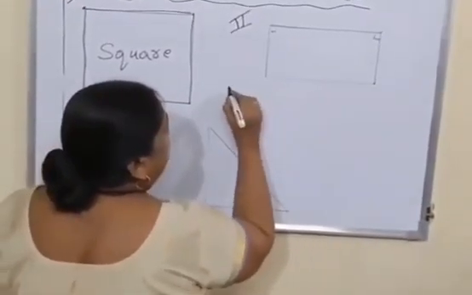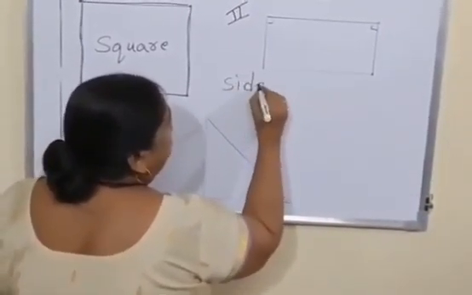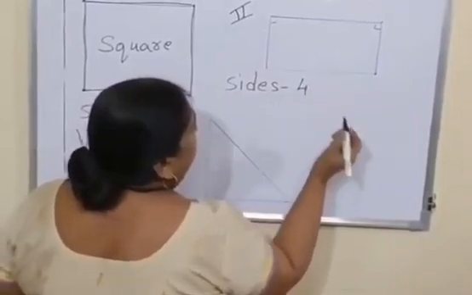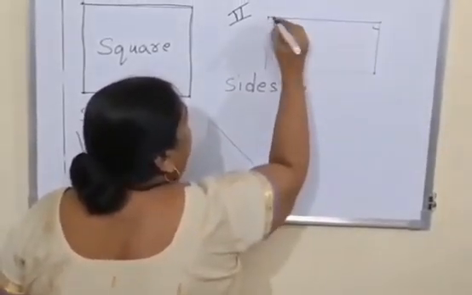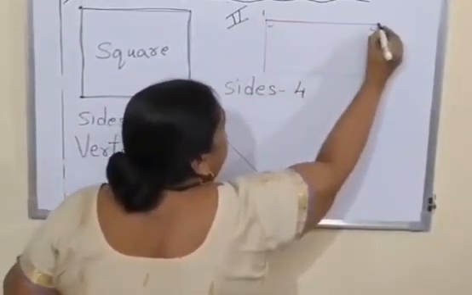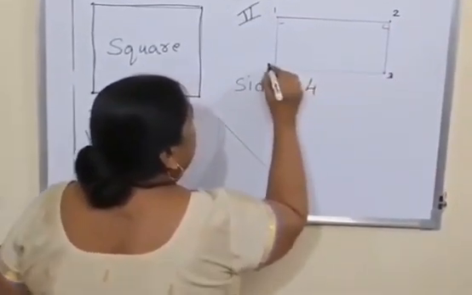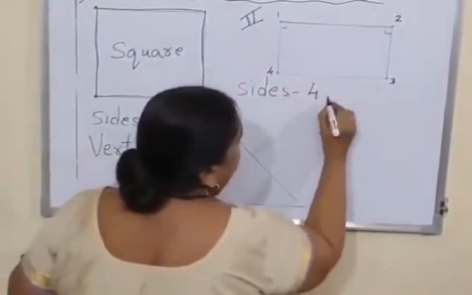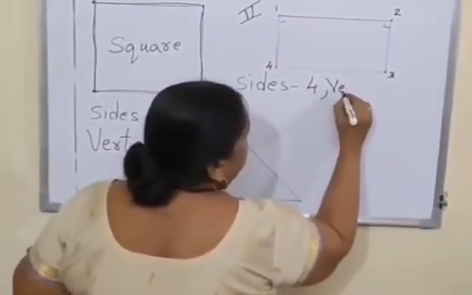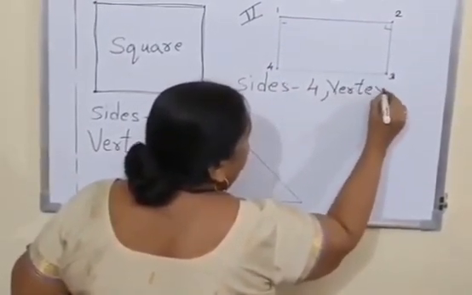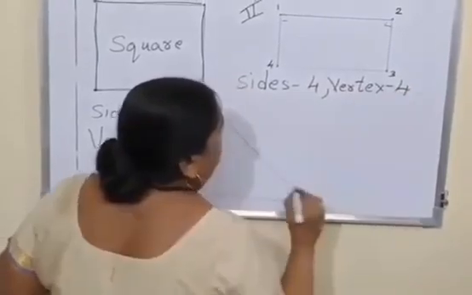So how many sides is the rectangle having? 4. And how many vertex? Count the vertex. 1, then 2, 3, and this is the 4th vertex. So it has 4 vertex.